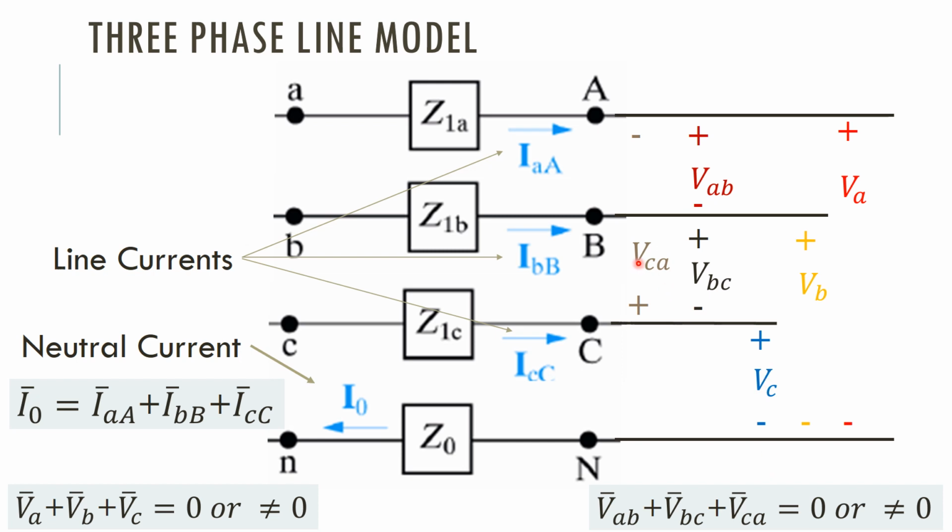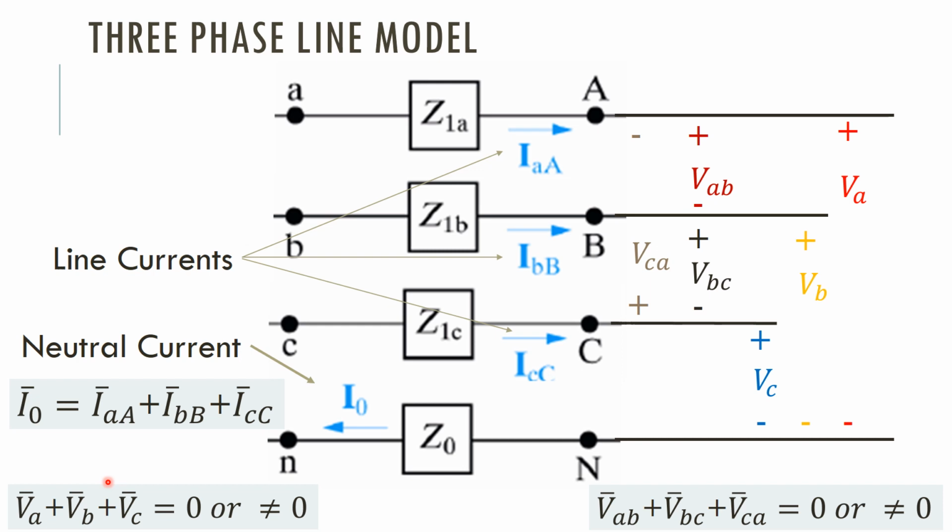Here you see VAB, VBC and VCA, these are the line-to-line voltages, between two lines, right? Actually these currents are sent through those wires, and the sum of these currents would be equal to the neutral conductor current, that is I0 equals IA plus IB plus IC.